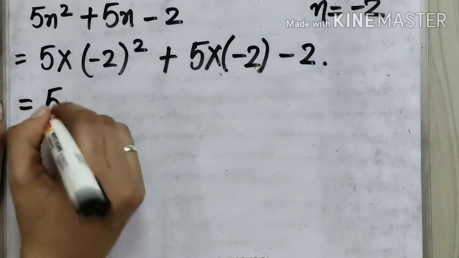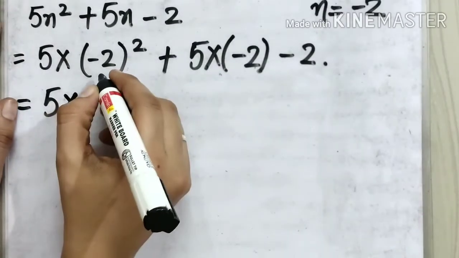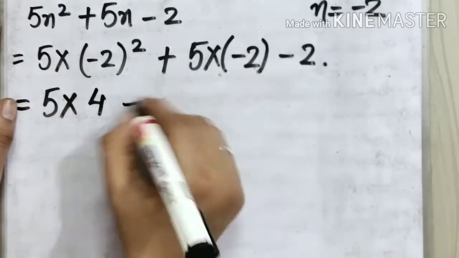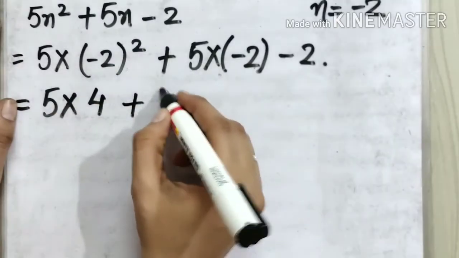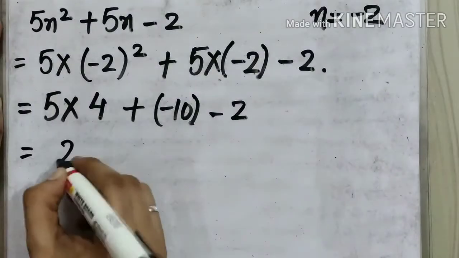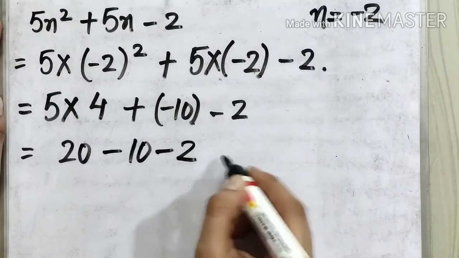That is 5 multiplied by minus 2 whole square, minus minus cancel, so here will be 4 times 5, that is 20, plus 5 times minus 2 will be minus 10, minus 2.